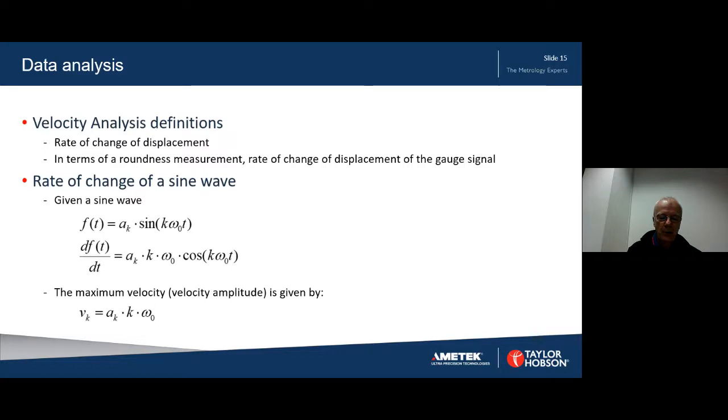So noting that velocity is the rate of change of displacement, we can obtain the velocity amplitudes by differentiation. We can see the calculation here and see how each velocity amplitude can be derived very easily from a knowledge of the wave number k, the wave amplitude a, and the fundamental rotational frequency omega naught, where omega naught is in radians per second.